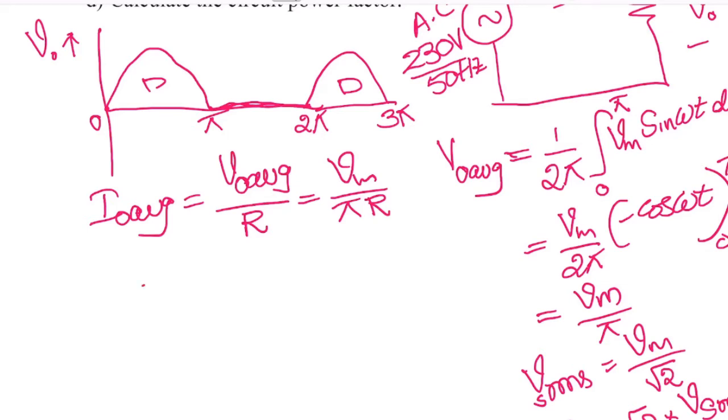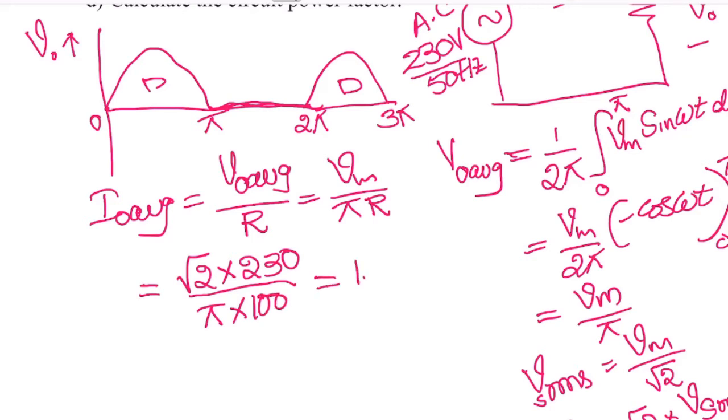So Vm is equal to root 2 into 230, divided by pi into R, which is 100. If you do that, the value will be 1.035 amperes.